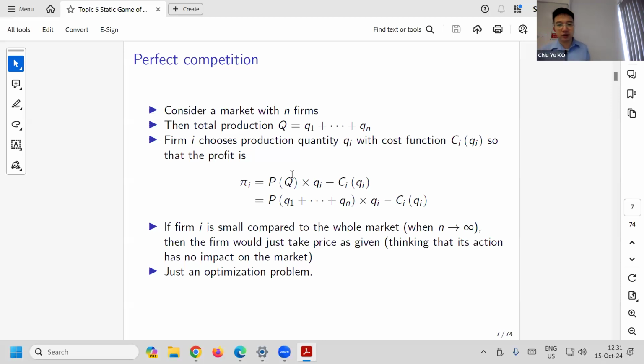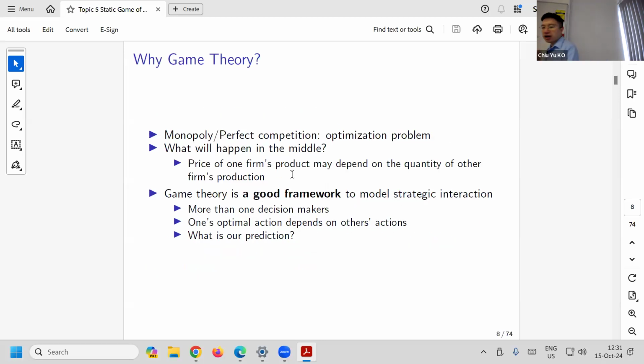But the point is when you have something in the middle, not infinity or 1, somewhere 2, 3, or 4 up to 10. In that case, well, that can be problematic, because what you should do depends on what other people might have done. Just like playing chess, or rock, paper, scissors. It depends on what the best strategy is, and it depends on what others are doing.